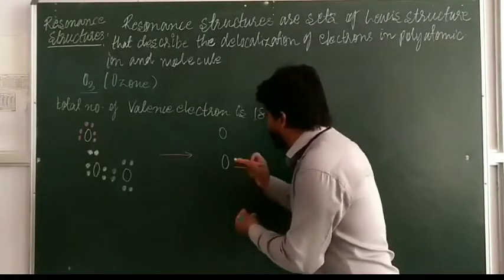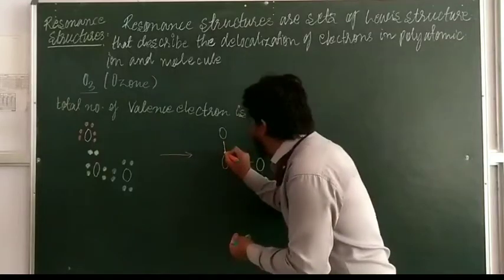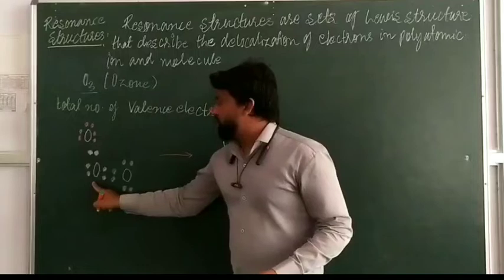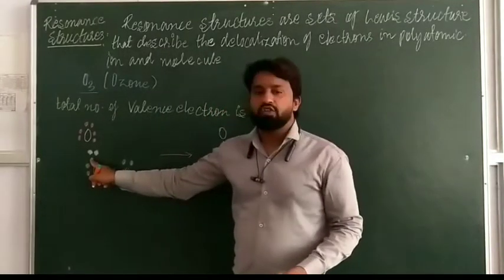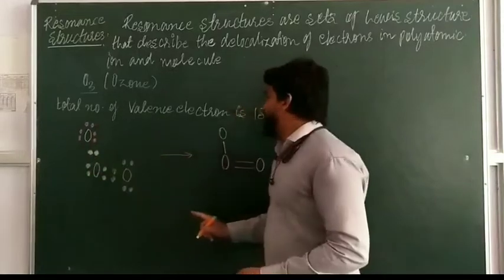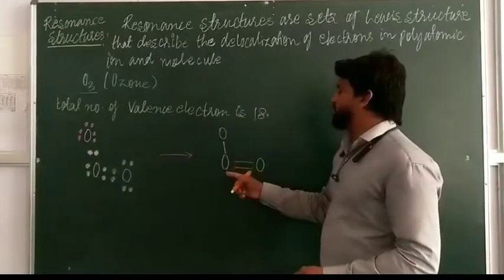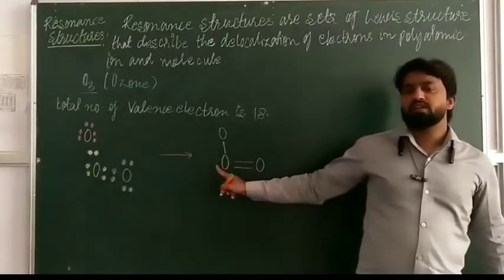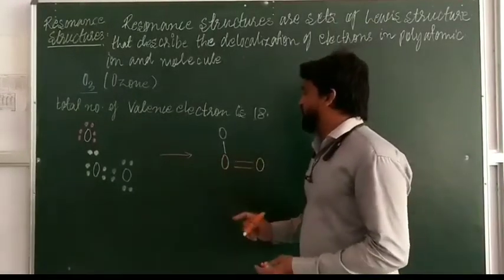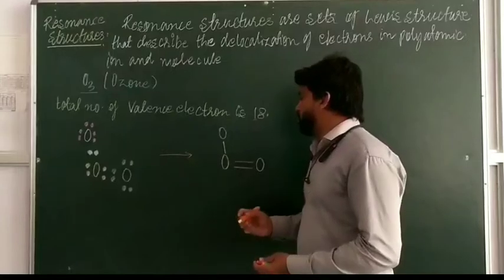And in this one, they will form the coordinate bond, because this atom will share its electron pair towards this oxygen atom, hence it forms the coordinate bond. In the bond structure, we draw the positive charge on the central atom, the atom that shares its electron pair towards the other atom.